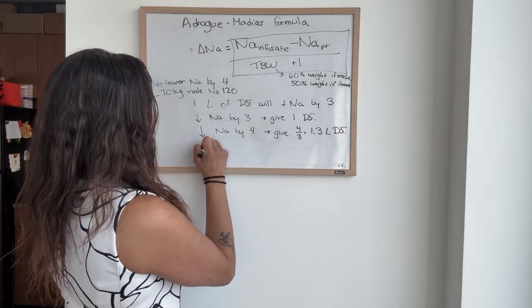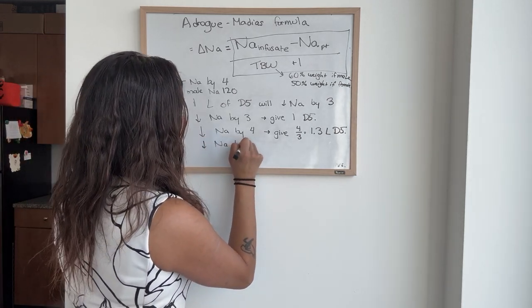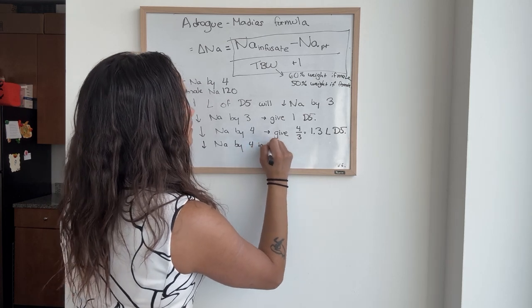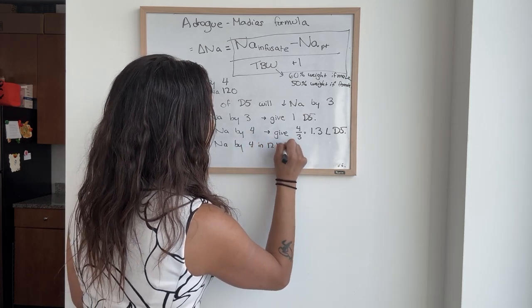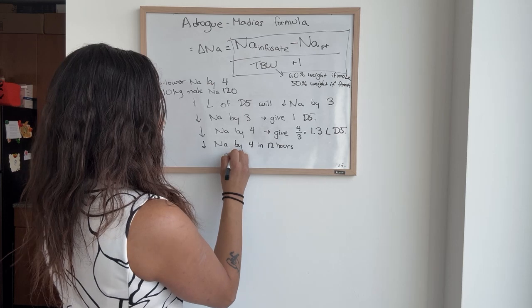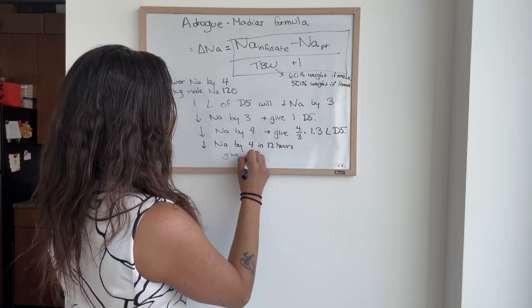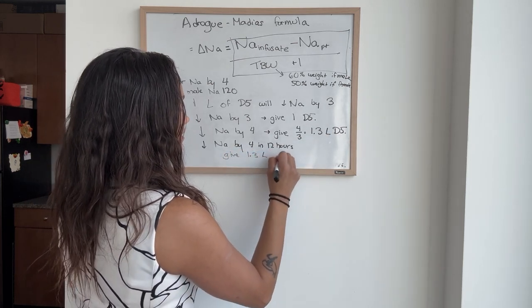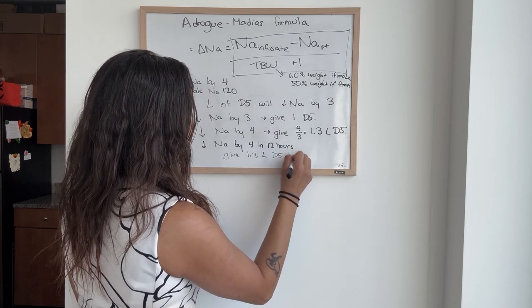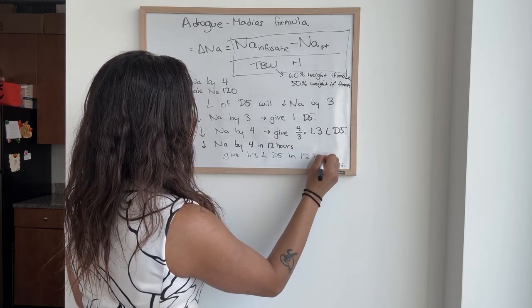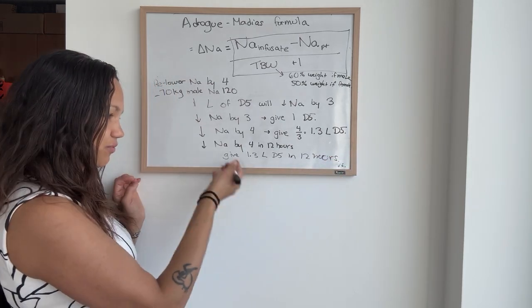So if you want to decrease the sodium by 4 in 12 hours, give 1.3 liters of D5 in 12 hours. So what's the rate?